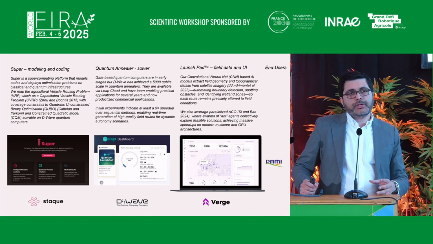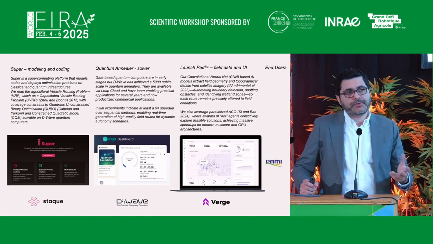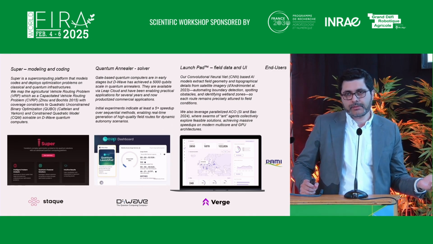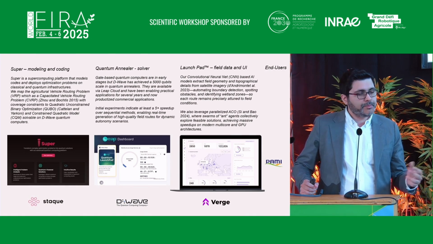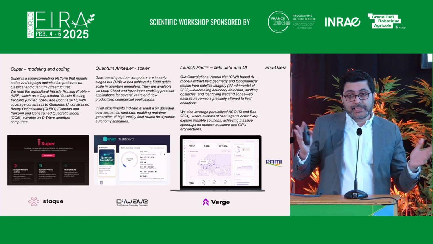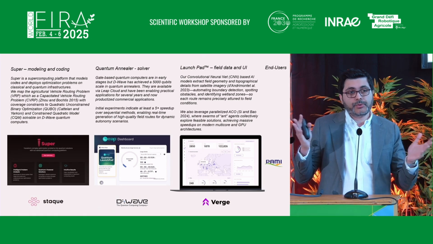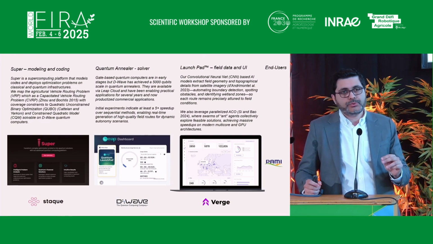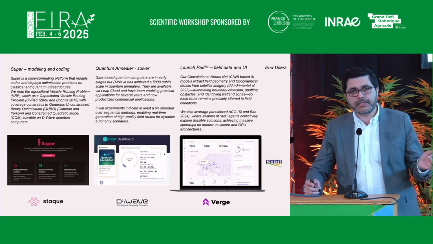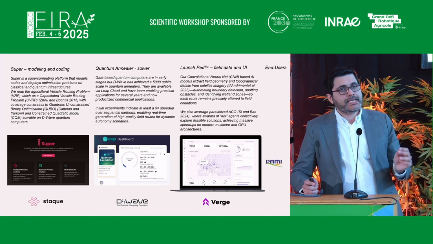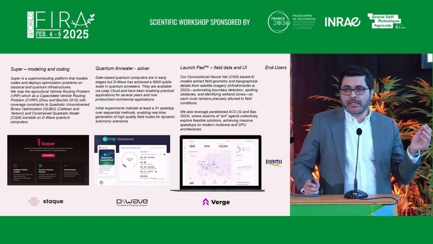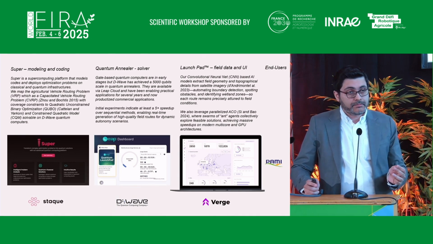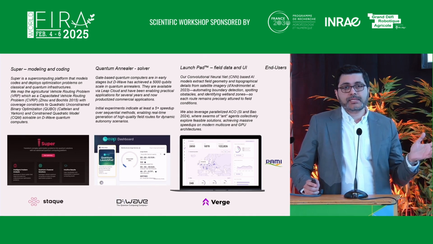When we're doing routing for a single field or for a farm, we use ant colony solvers that we have developed. But now we're talking about scale. How do we do it for 25,000 fields? We send the problem to the D-Wave quantum computer. D-Wave has a 5,000-qubit quantum annealer, which is the biggest scale of quantum computing available today.